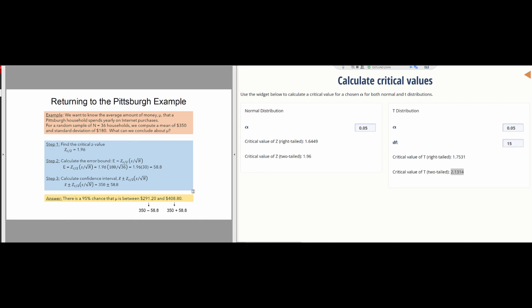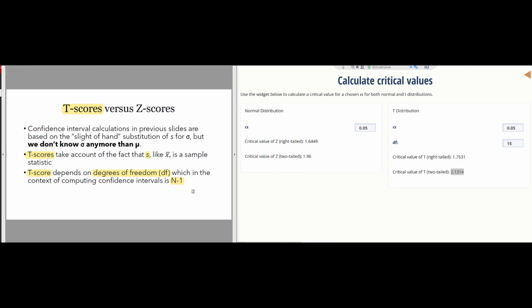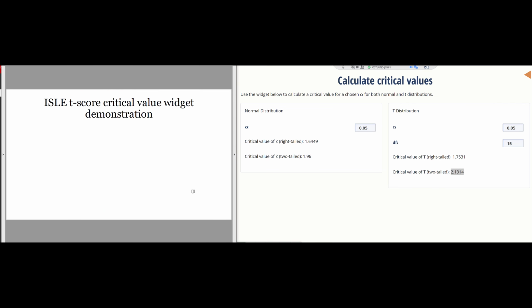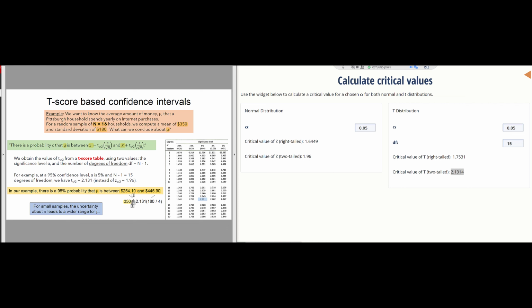So 291 and 408 versus 254 and 445. The better 95% confidence interval, using t-scores rather than z-scores, is from 254.10 to 445.90.